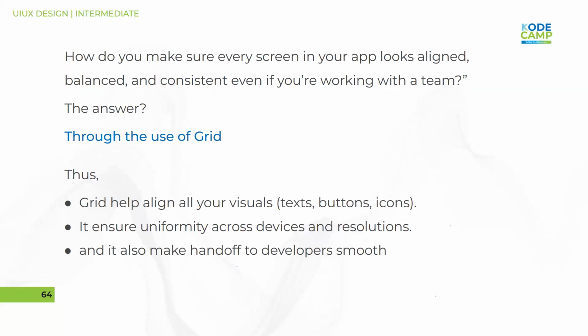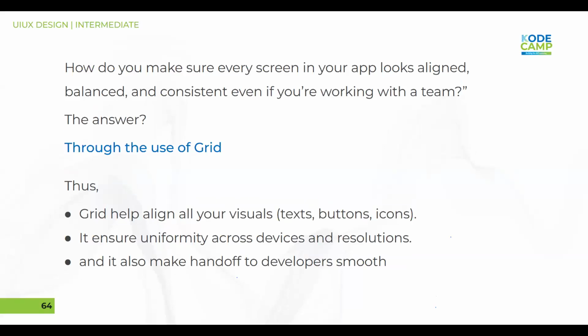It also ensures uniformity across devices and resolutions, and makes handoff to developers very smooth. You will not have problems with developers when you use this system. Well yes, constraints, that's true. Constraints work, but that's a very advanced way of doing it.